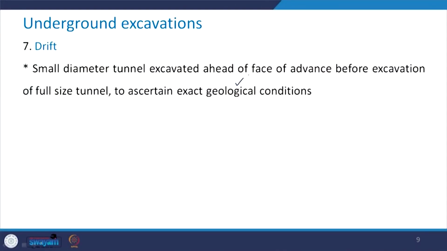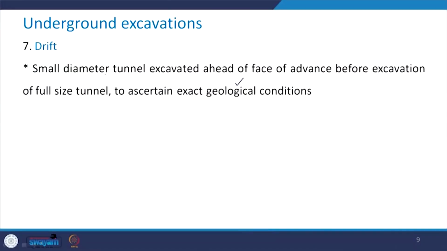So in case of the rocks, a lot of uncertainty may be there and we may not be aware of the exact geological conditions from the conditions that are exposed at the surface. So in order to ascertain about that, one needs to go for these small diameter tunnels.